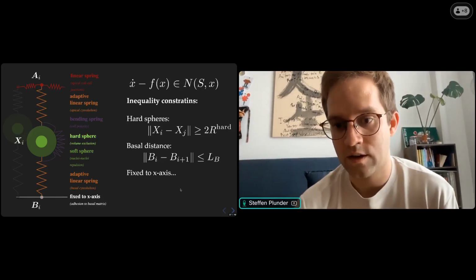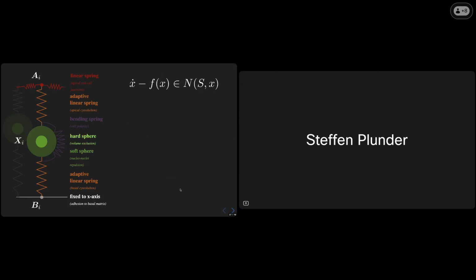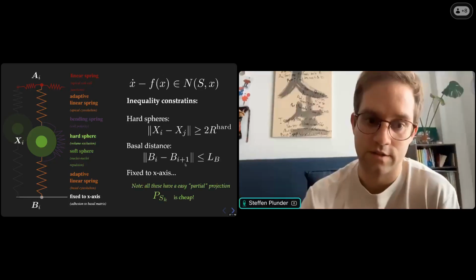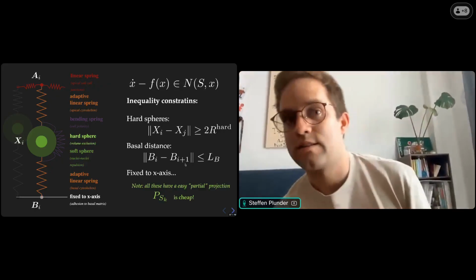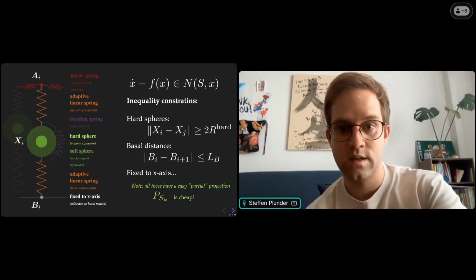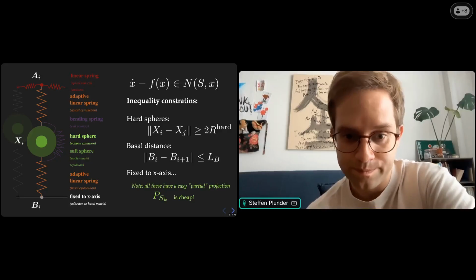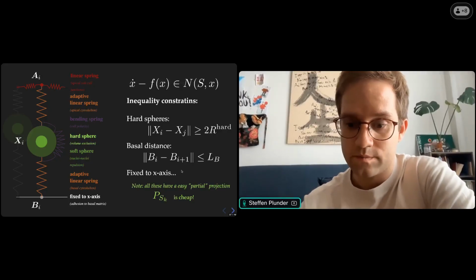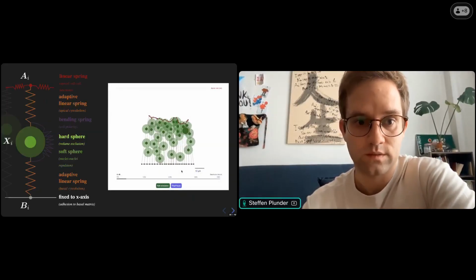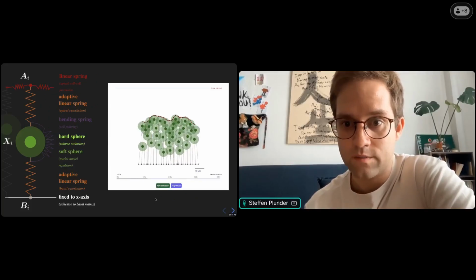And the nice thing is all of these feasible state for an individual constraint. And to use this as a modeling tool, that's basically the ingredient. What you need is inequality constraints which are simple, and then it's very easy to implement. Yeah, and if we do that, then we get these dynamics which I showed earlier.